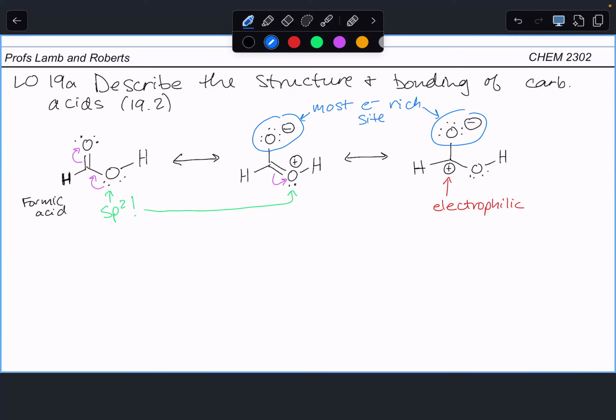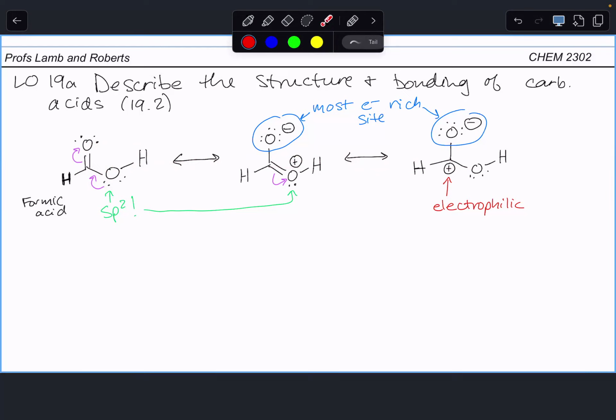Here and here. So that might not be obvious from this neutral structure. Totally get it, right? It's kind of hard to see. But this is why resonance is really important. So you got to remember that the actual structure is an average of all of these resonance structures. So in two of those resonance structures, that oxygen is negatively charged. Therefore, it has the most electron density.